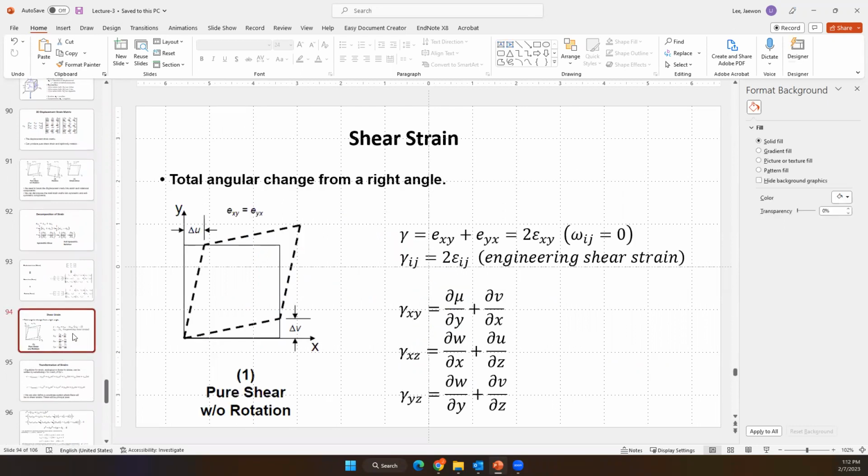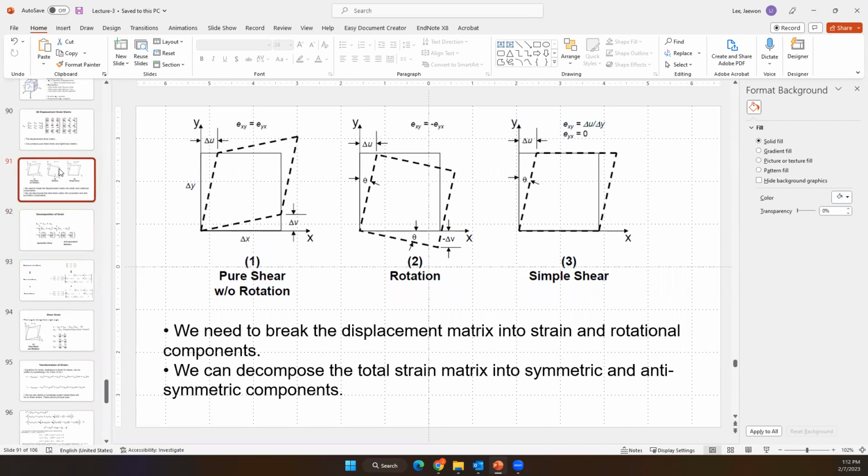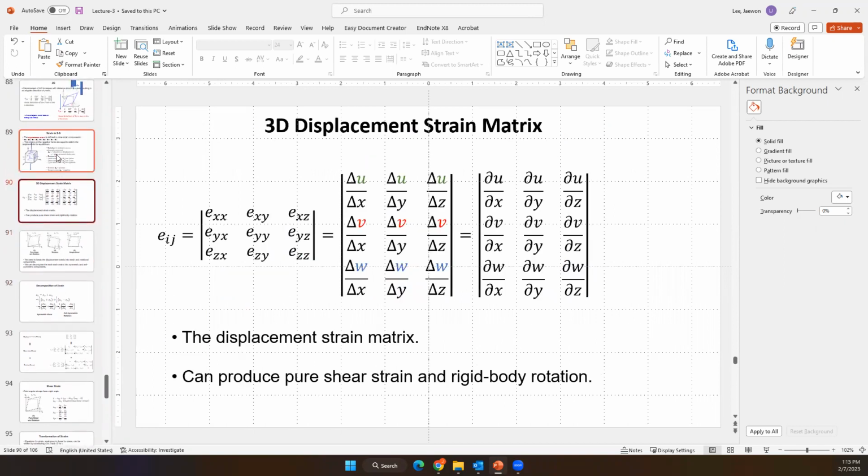Then, okay. So we can express the 3D displacement strain matrix as EXX, EXY, EXZ, and nine components: EYX, EYY, EYZ, EZX, EZY, and EZZ.